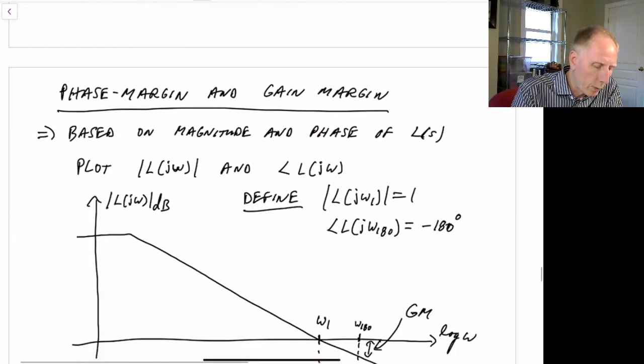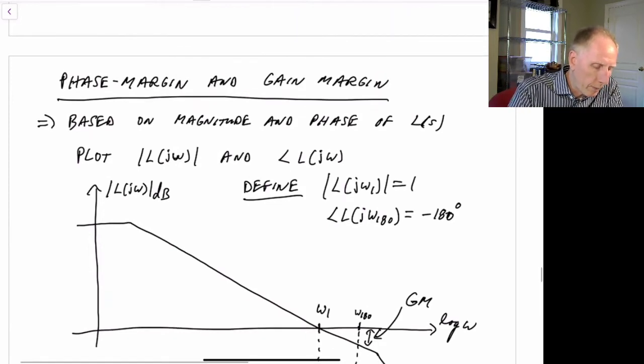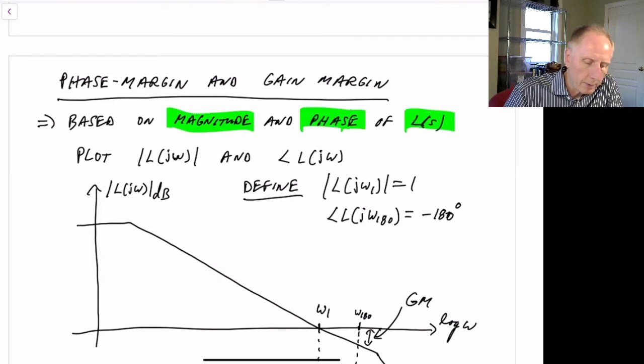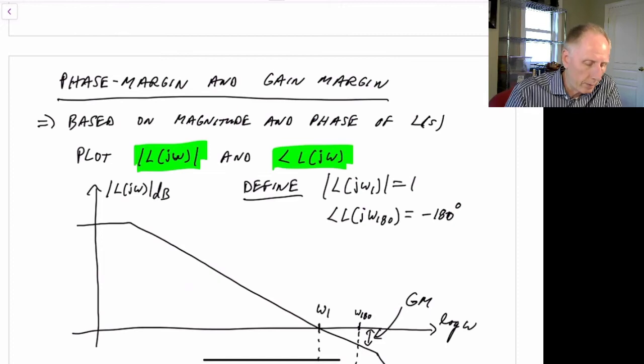So we need to discuss what phase margin and gain margin are. This is based upon the magnitude and the phase of L of S. So what we do is we plot the magnitude of L of j omega and the phase of L of j omega.